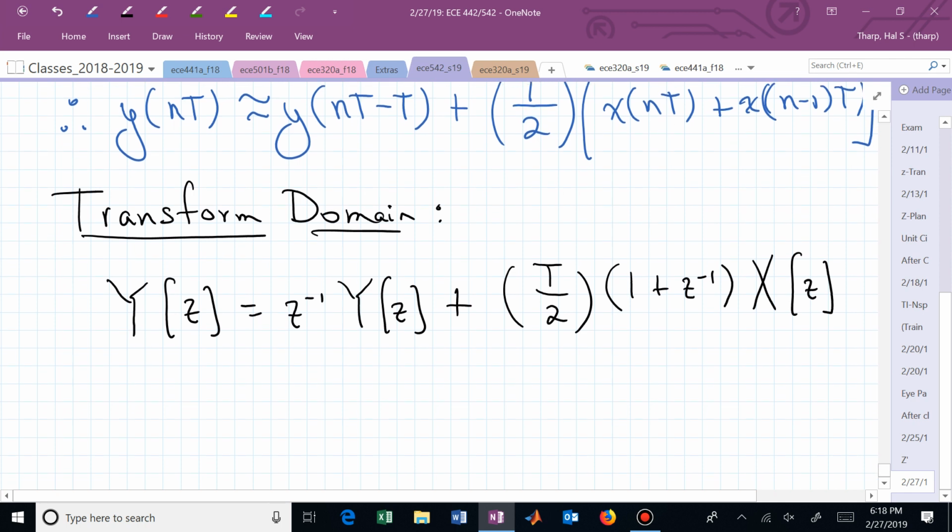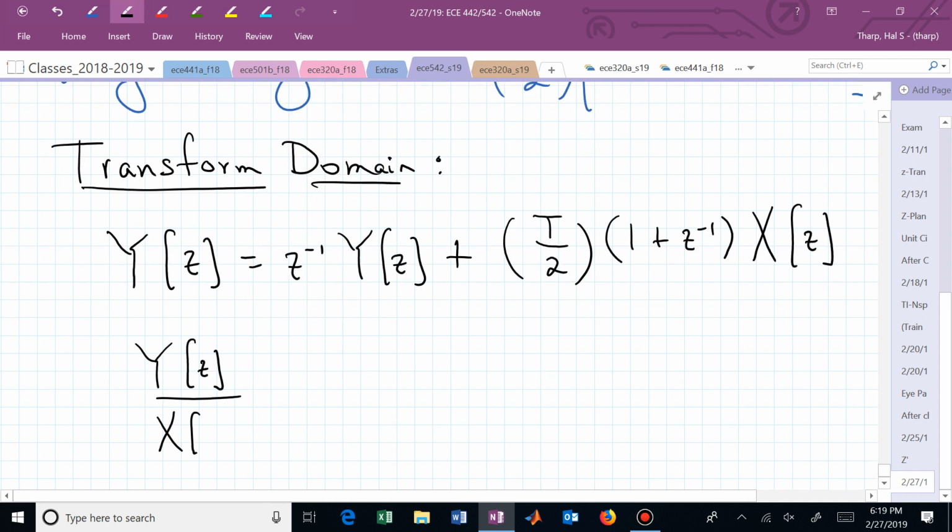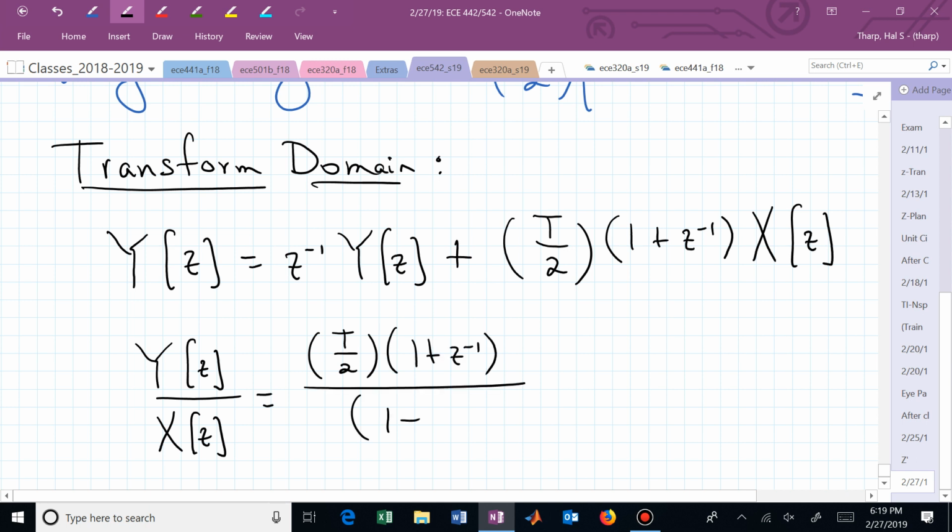Or we can now solve for this transfer function, Y of z over X of z, which is now T over 2 times (1 plus z to the minus 1) over (1 minus z to the minus 1). Or if we multiply again by 1, z over z, and just put in front capital T over 2, we now have z plus 1 over z minus 1.